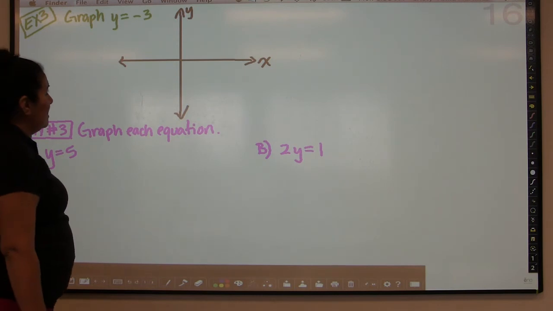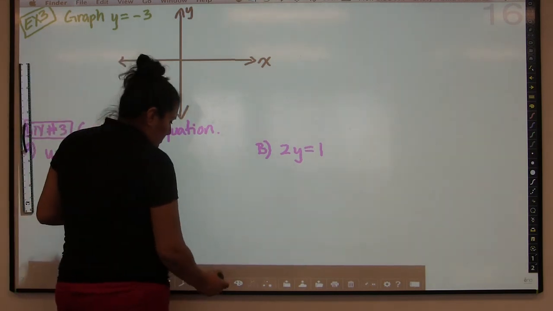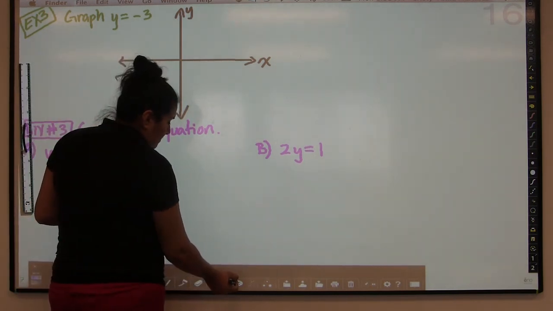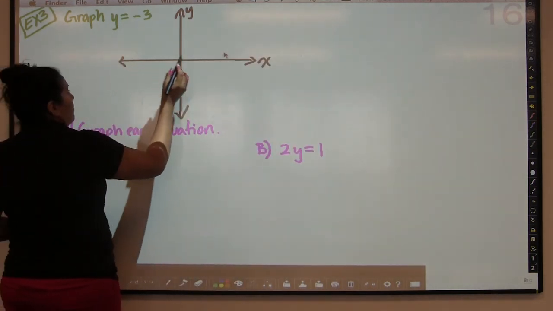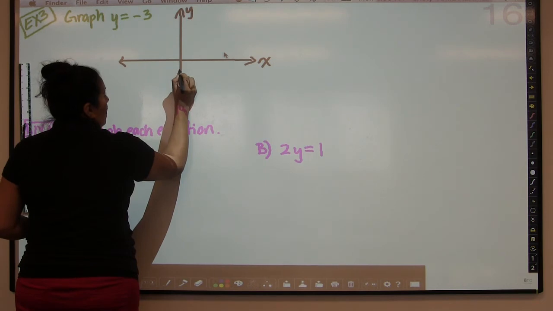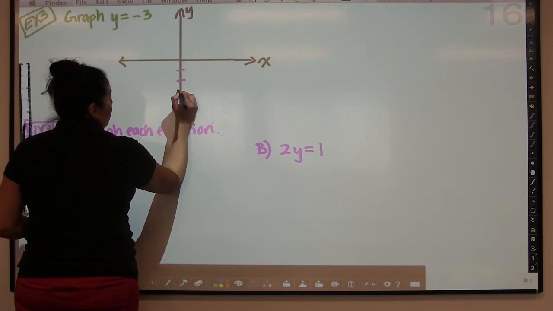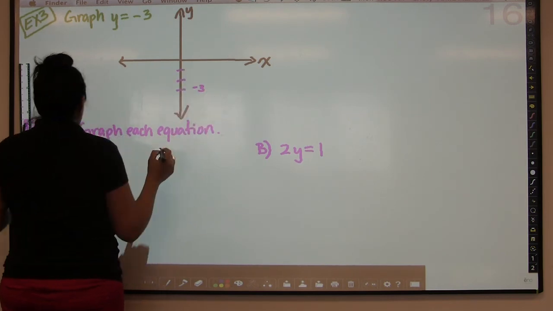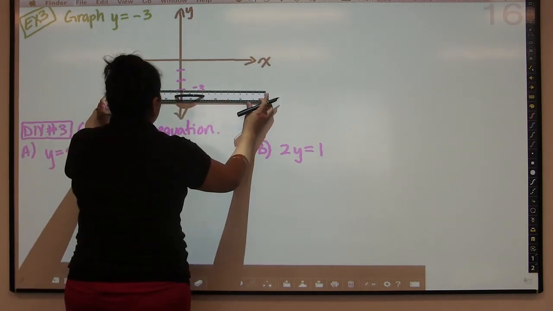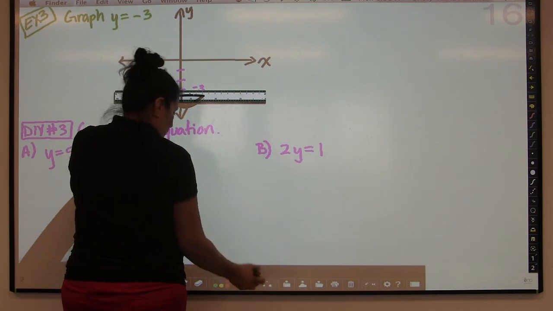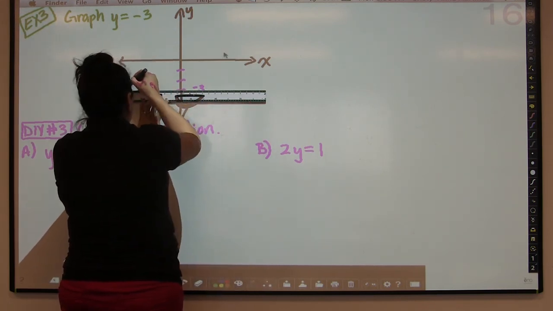It's not going to cross the x-axis, and the b value is negative 3, so that's still the y-intercept. So I'm going to go negative 1, negative 2, negative 3, right about there. And I am just going to draw a horizontal line that crosses right where y equals negative 3.